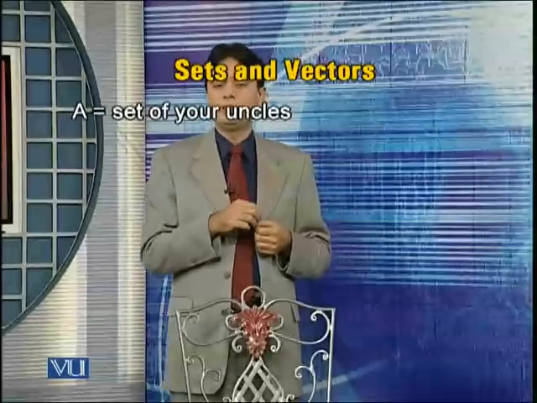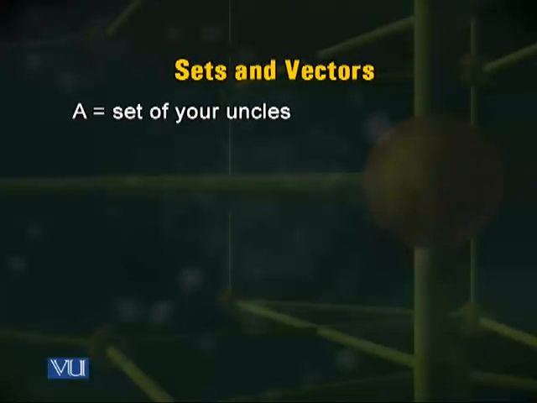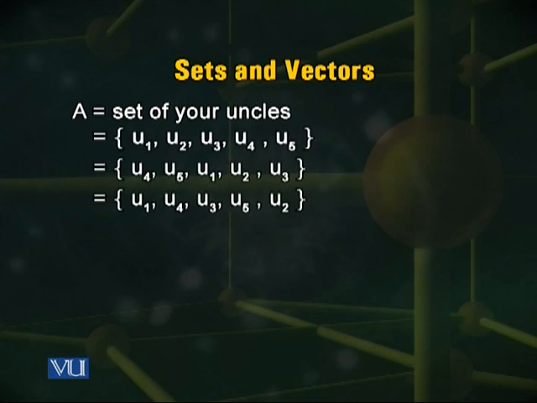And let me give you a nice example where the difference between sets and vectors will be clear. Suppose somebody asks you to list all of your real uncles, that is, brothers of your father and brothers of your mother. And suppose you have 5 real uncles, 3 from your mother's side, 2 from your father's side.